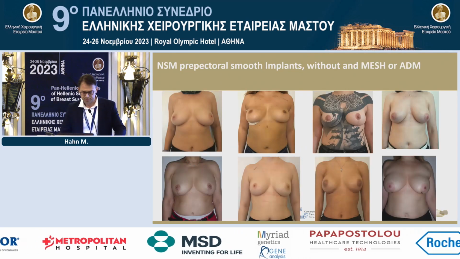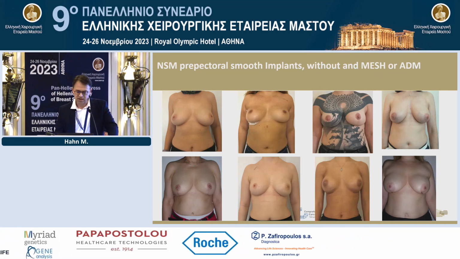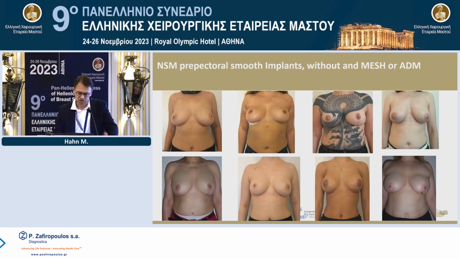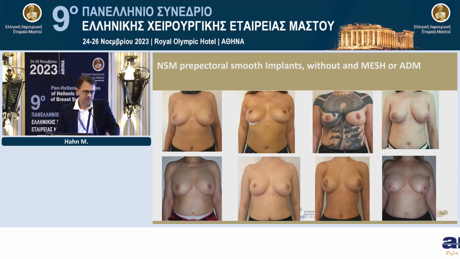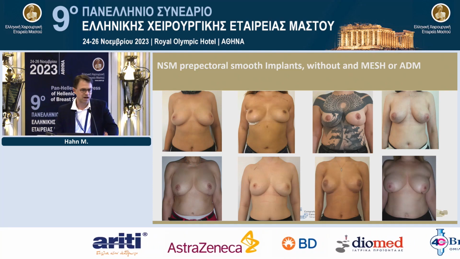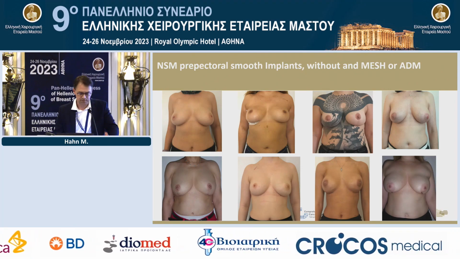What does that mean? These patients have all received a nipple-sparing mastectomy, and these patients are all BRCA mutation carriers, and they all have a prepectoral smooth implant without any kind of mesh or ADM. I stopped using meshes and ADMs completely.